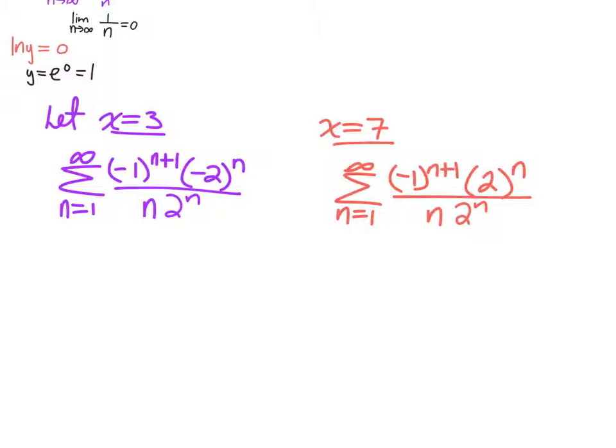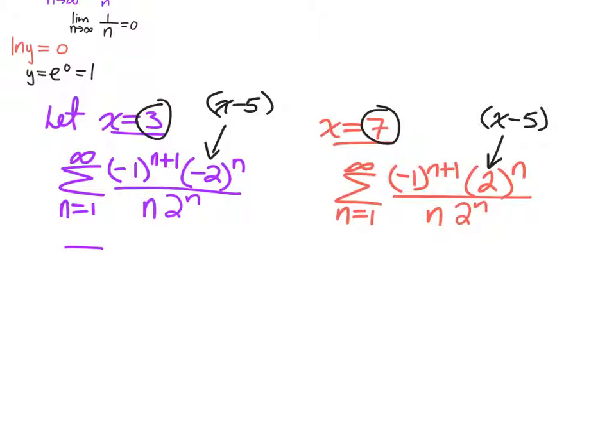first. All right. When I made my substitution, again, these values here, that's your x minus 5 part, with these x values. So I have -1 to the n plus 1.